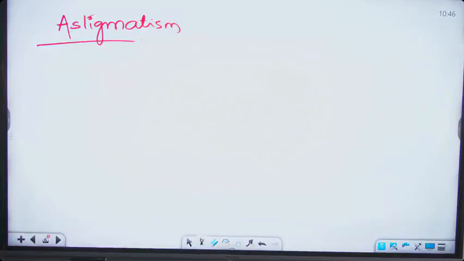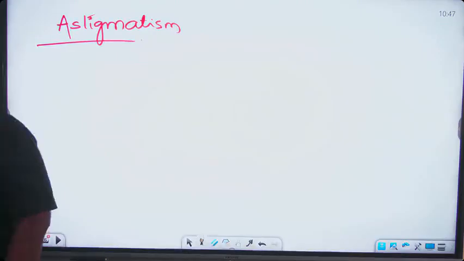The reason for this problem is a defect in the cornea.